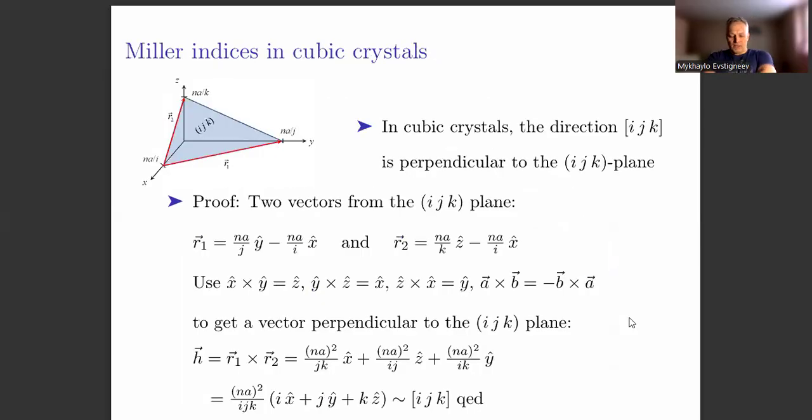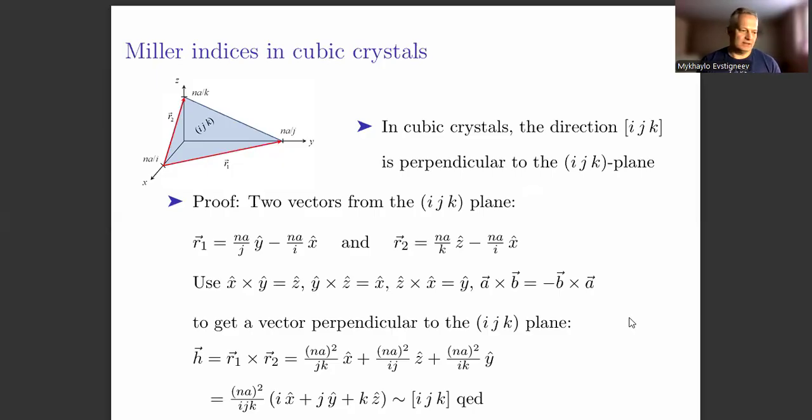All right, now let me tell you about the special role of cubic crystals. Previously, I mentioned that in principle, you could indicate the Miller indices for a plane by specifying the Miller indices for a vector perpendicular to the plane, for the direction vector.